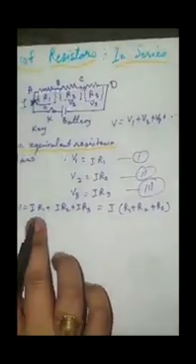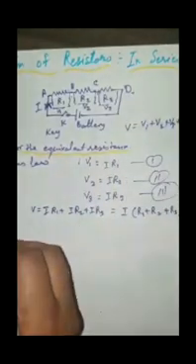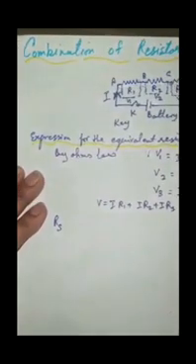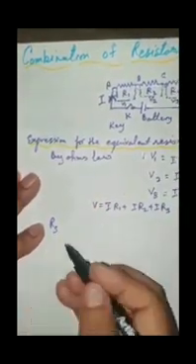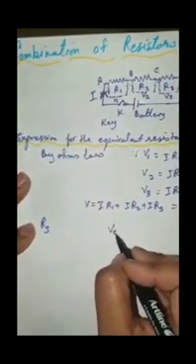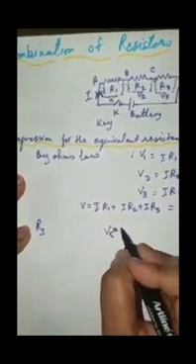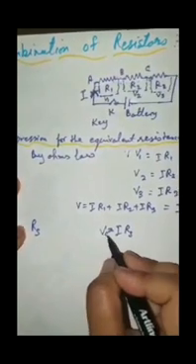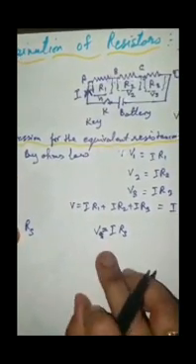Now if the equivalent resistance between the points A and D is RS, S represents the combination in series, then by Ohm's law we will take V is equal to IRS. V is equal to IRS.